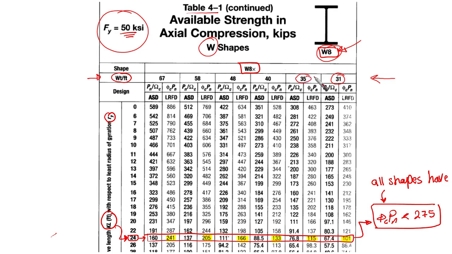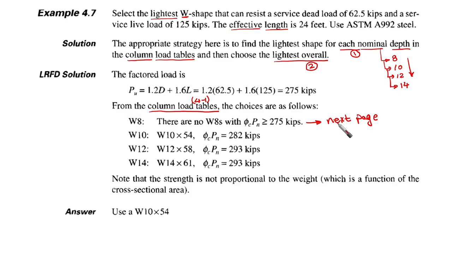After that, going left: 35, 40, 48, 58, 67. Then for each one, start with 31. Remember that our required or ultimate load is 275. So if we could reach something equal to 275 or more, then it's okay. Less is not acceptable.